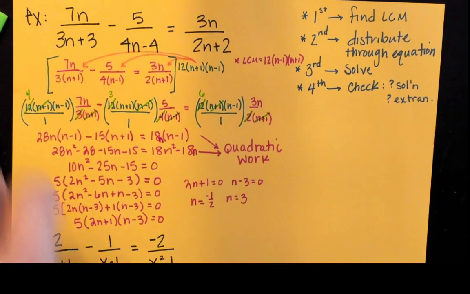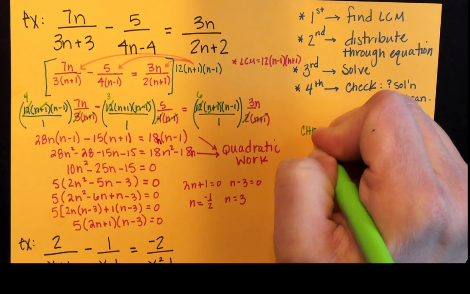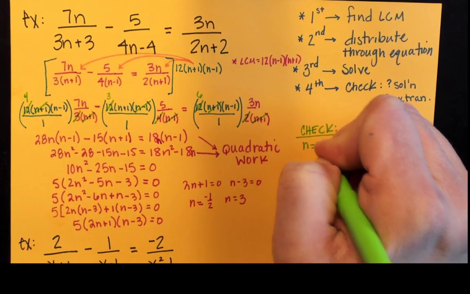I will say using your calculator is going to be huge. So in my check, n equals negative 1/2.